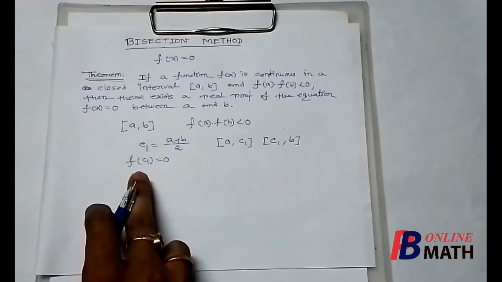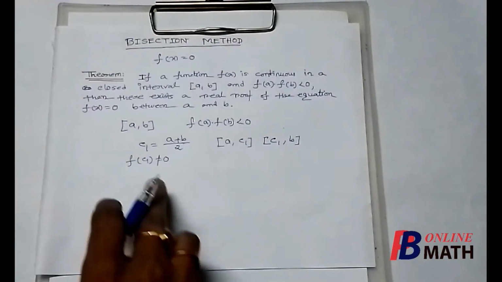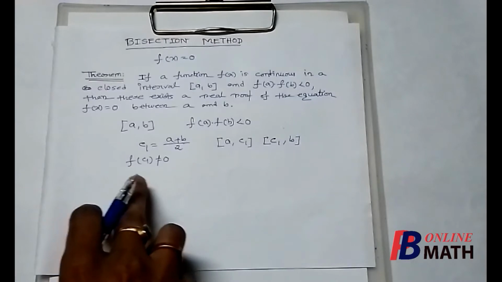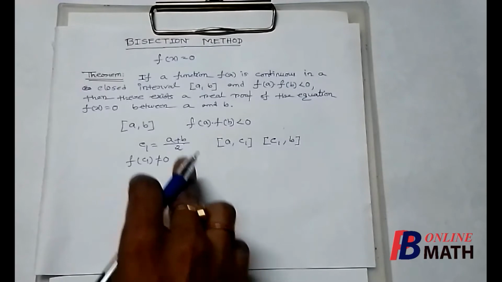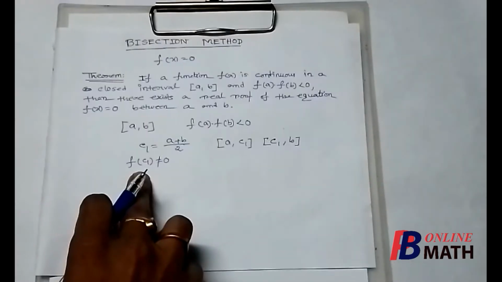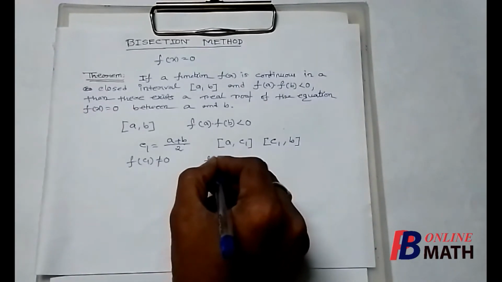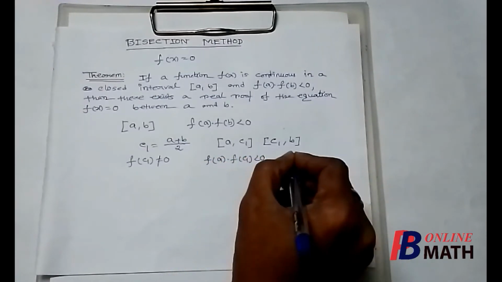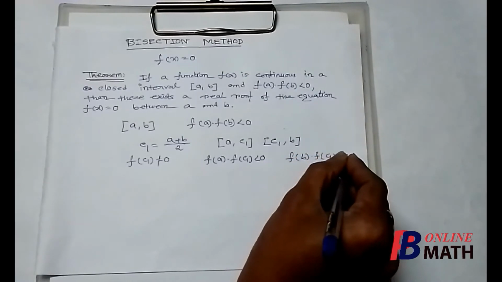But if f(c1) is non-zero, then two cases may arise: either f(c1) is greater than 0 or f(c1) is less than 0. In either case, we shall find that either f(a) and f(c1) or f(b) and f(c1) have different signs. So either f(a) times f(c1) must be negative, or f(b) times f(c1) must be negative.